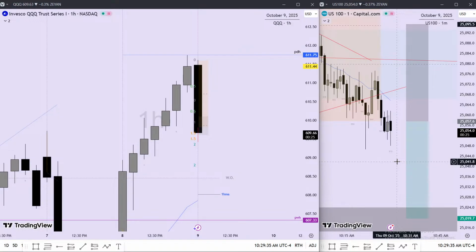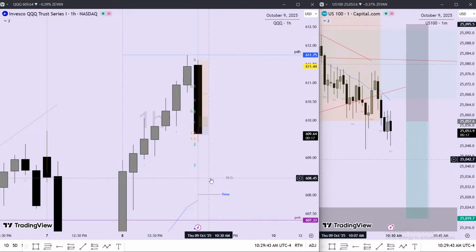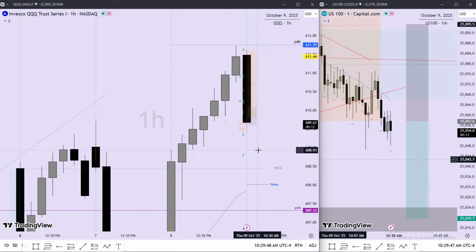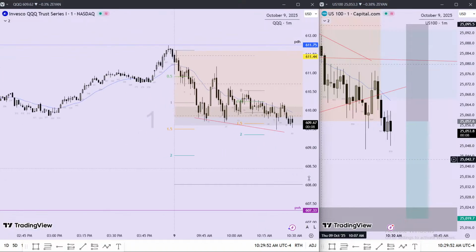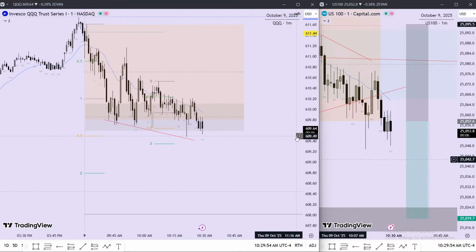So wish me luck. As a matter of fact, I'm not even on my PC, and easily the weekly open can be targeted. Let's just see what's happening. Okay, wish me luck. I am going now, setting it, forgetting it.